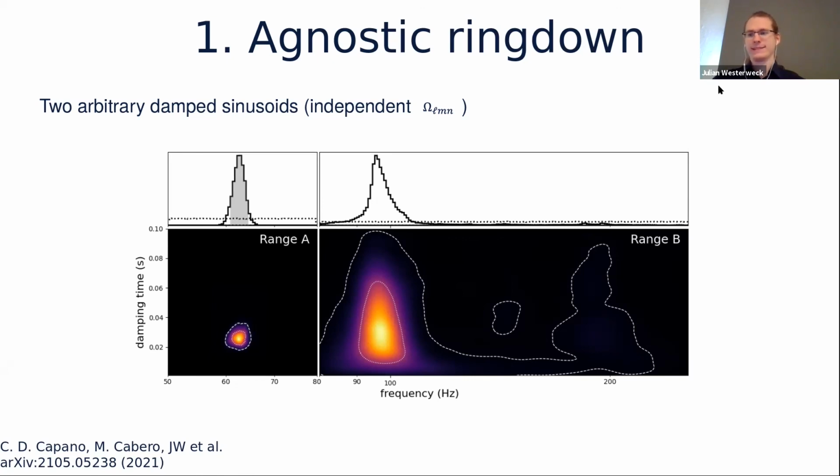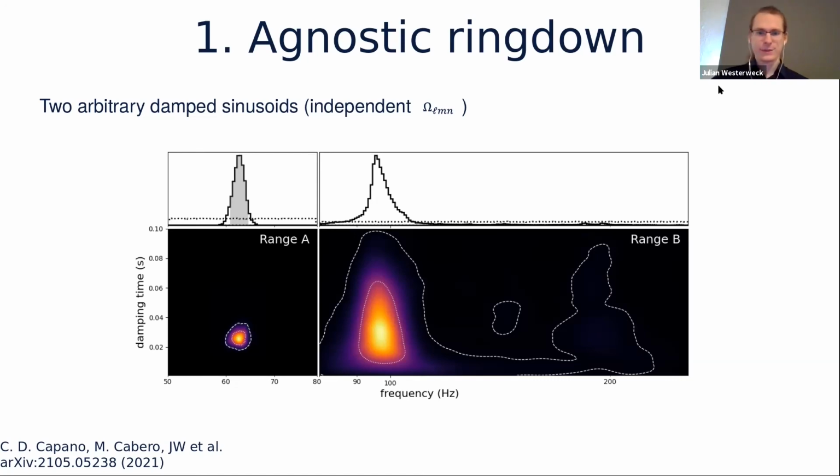Now we can use the Kerr prediction if we assume that what we see in range A is the fundamental mode, the 220 mode. Then we can have a prediction of the expected parameters for other modes in the spectrum.